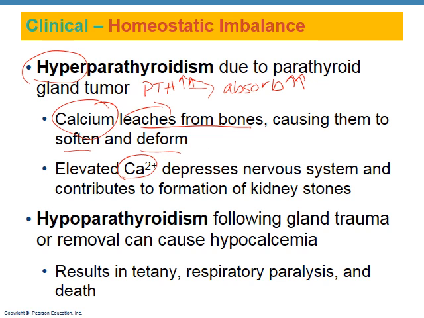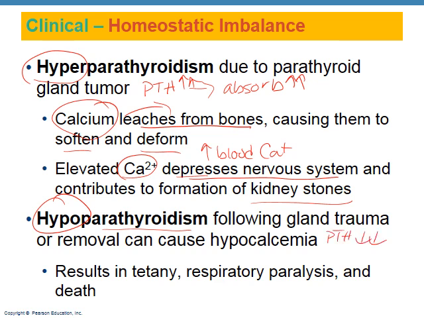So if your blood calcium is too high, it can actually disrupt that resting membrane potential. It can depress your nervous system, and it also causes formation of kidney stones. If you have hypoparathyroidism, so your parathyroid hormone is too low, that can cause hypocalcemia.